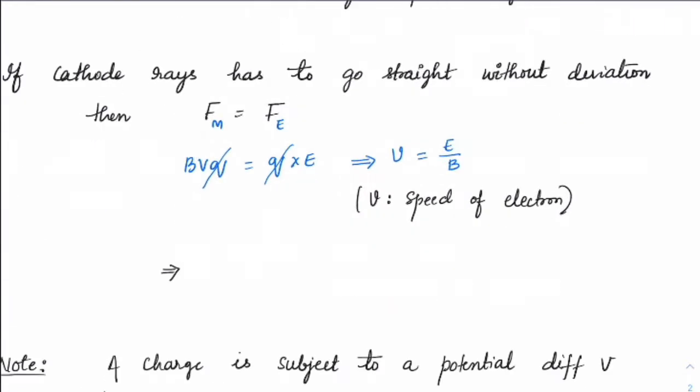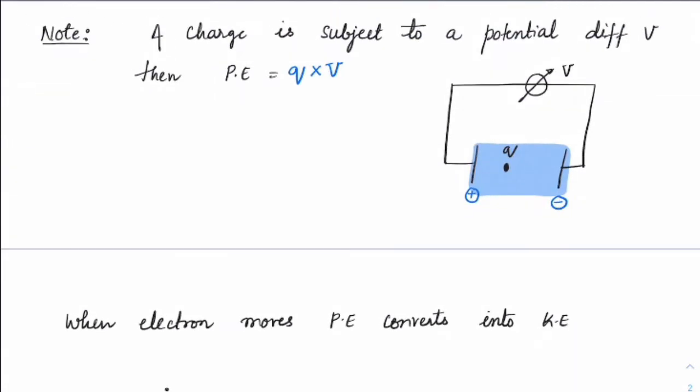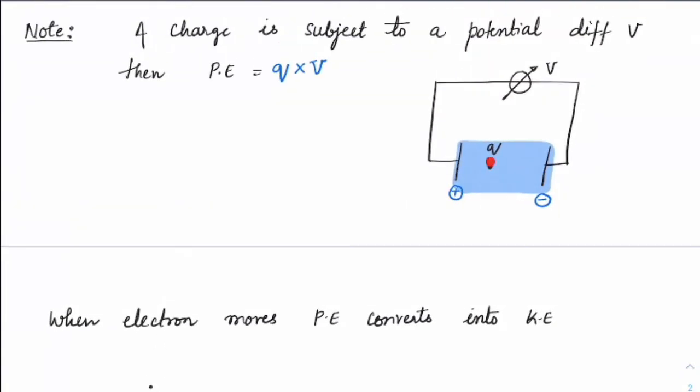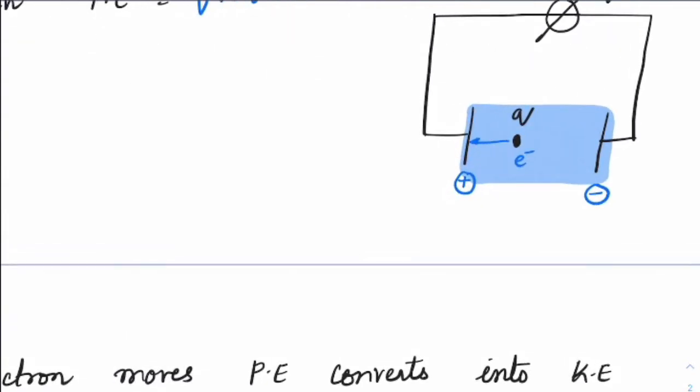See, we got one important idea here, that the speed of a charged particle can be represented as E by B, and another thing we got is that potential energy can be written as q into V. And if this electron, which was stationary, moves completely towards this positively charged terminal, it means its entire potential energy was converted into kinetic energy.